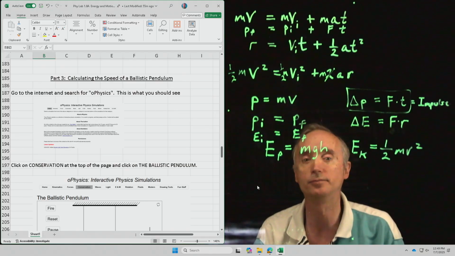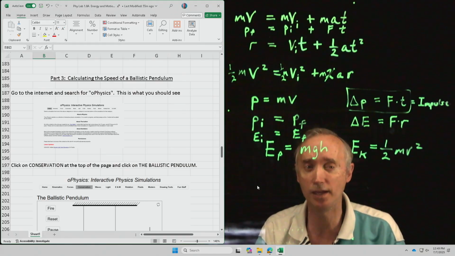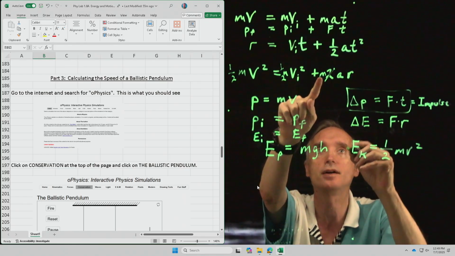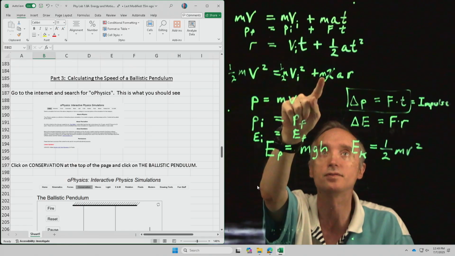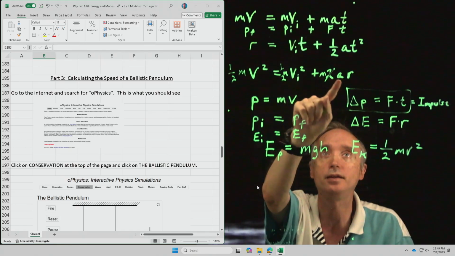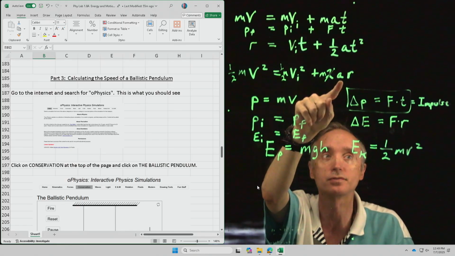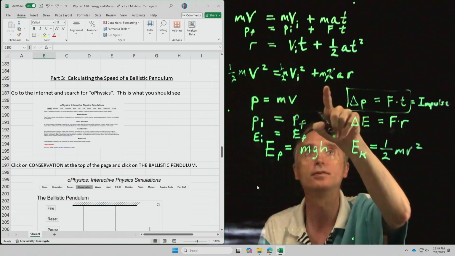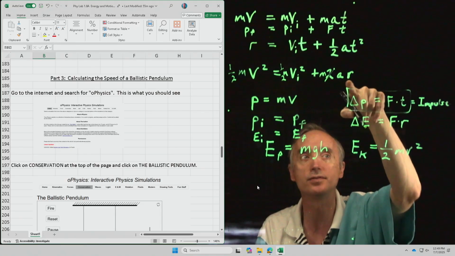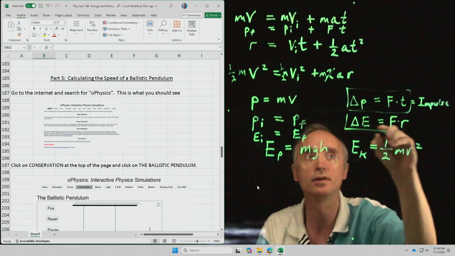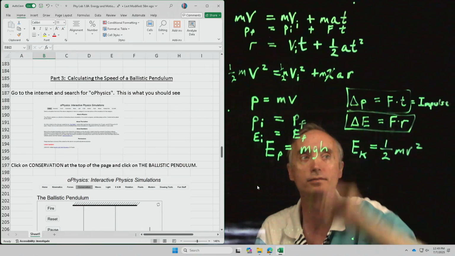And what would that be? That would be the change in the kinetic energy. And then that's going to be equal to this side over here. So what was m times a? That was force. And then force times distance, and that is this equation right there.